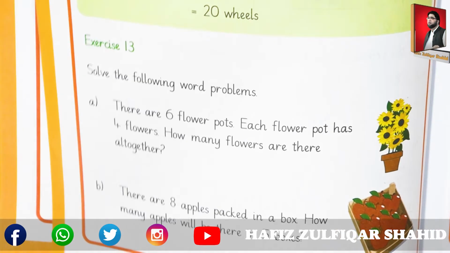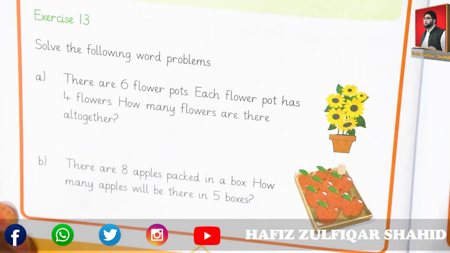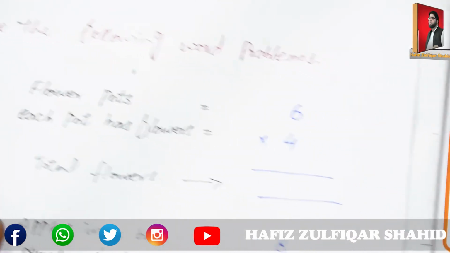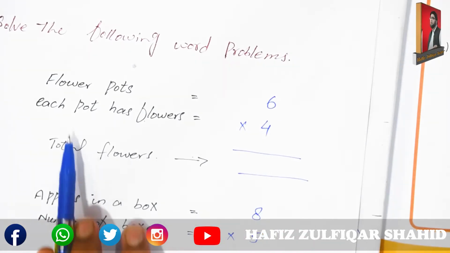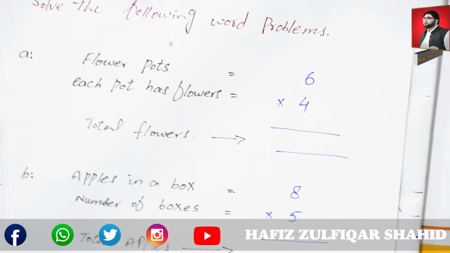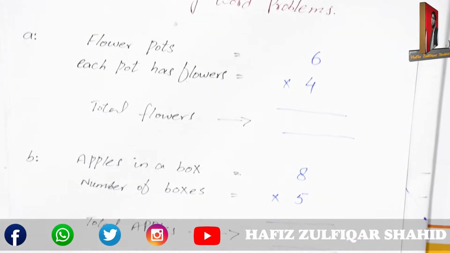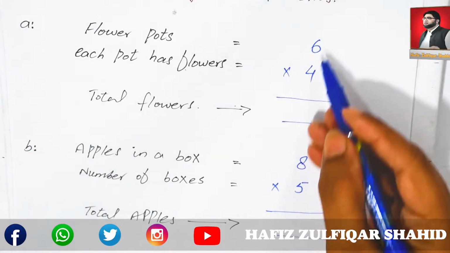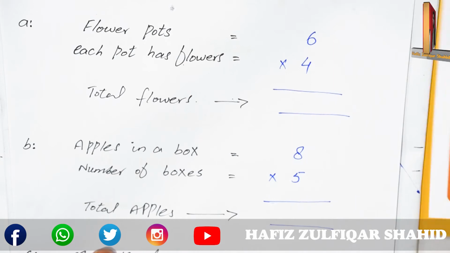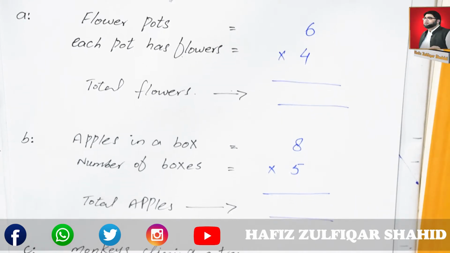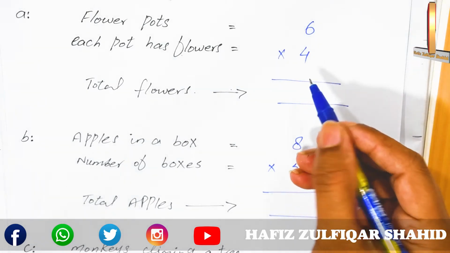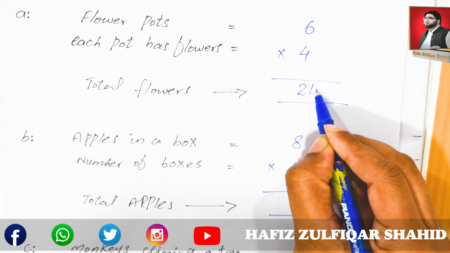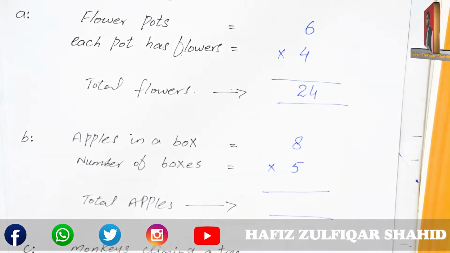If we multiply these two numbers, we can get the product easily. Multiply 6 and 4, you will get 4 times 6 is 24. Total flowers 24.